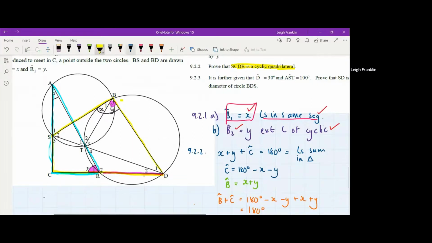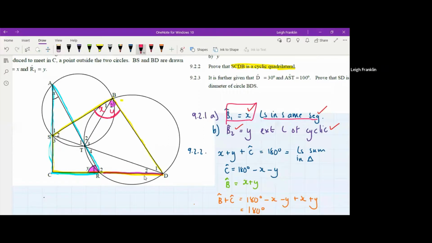That's why I said to myself, okay, I know what X and Y are equal to. I know that angle X is this angle over here, and I know that angle Y is that angle over there. Now what I see is that X and Y together make one of the angles inside this yellow quad that I'm trying to prove is cyclic.